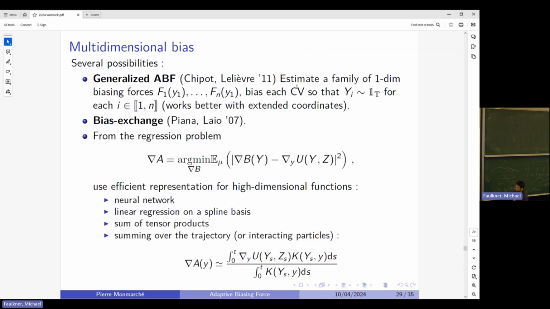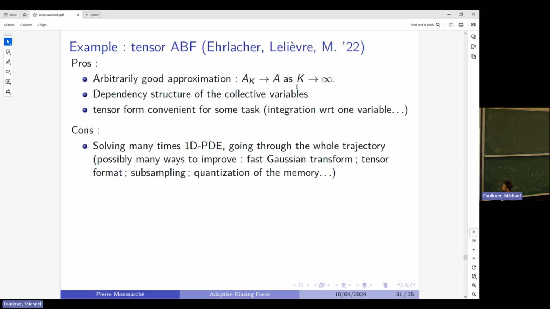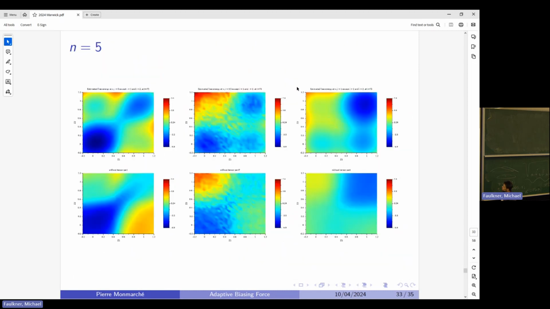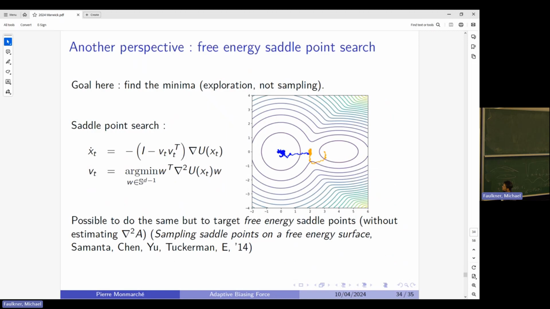Of course, you can have many ideas when you have more than one collective variable. You can treat each one individually. You can exchange like in temperature exchange algorithms, and you can do tensor approximations, which is what we did with Tony and Virginie Ehrlacher.